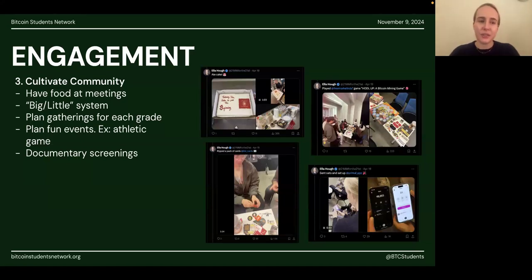Also on this note of cultivating community, every meeting you might have new people, especially your first meeting. When everyone gets there before you start your lesson, it would be really nice if you could say, hey everyone, introduce yourself to the person next to you. Let's stand up, let's meet each other.